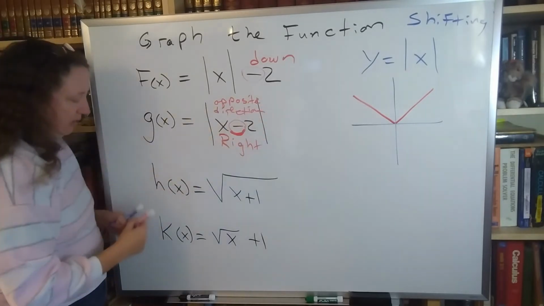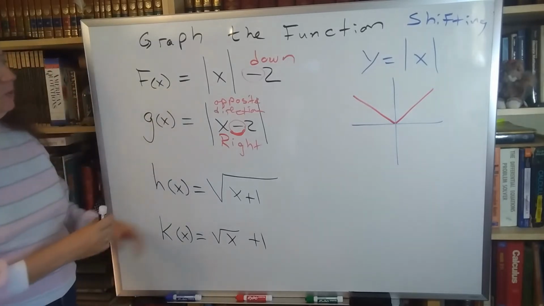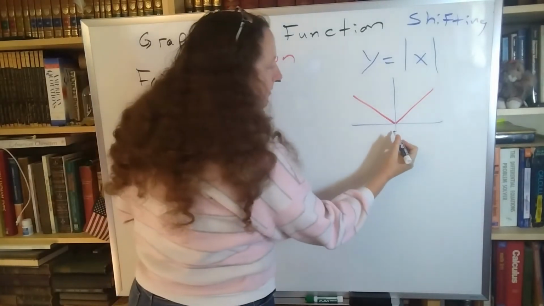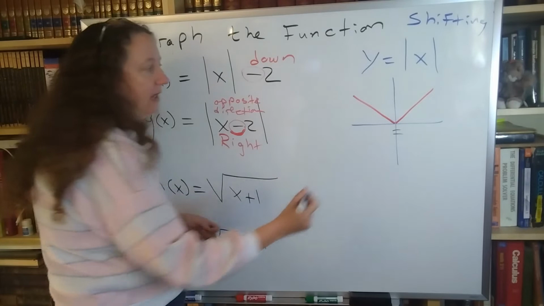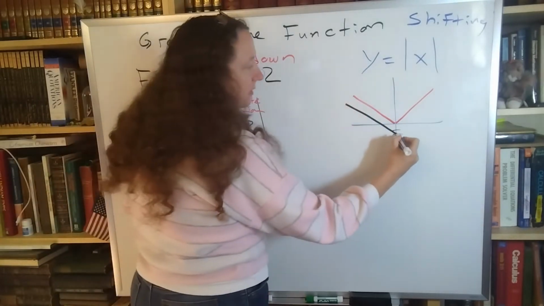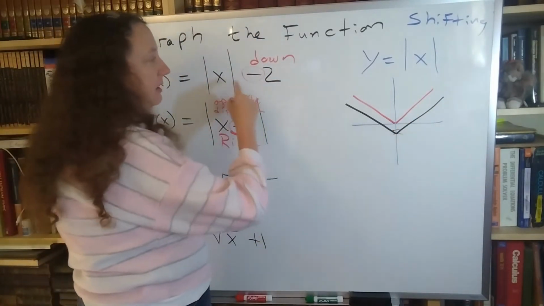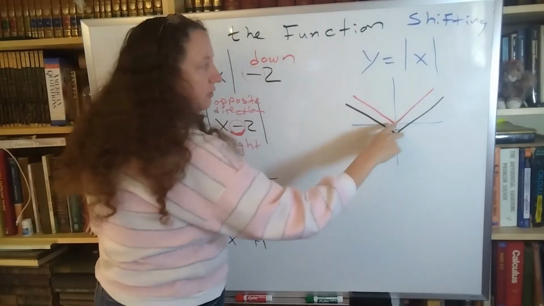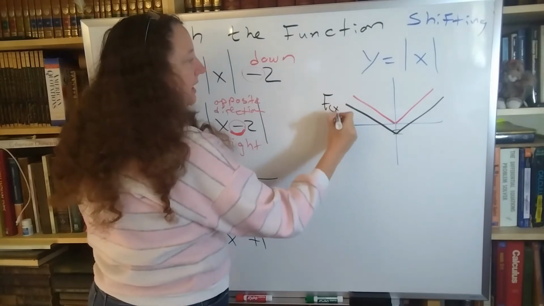Looking at my graph over there, f of x will be shifted down 2 places, and otherwise will look exactly like that. So those lines are parallel. The red and the black are parallel to each other. And that is f of x.